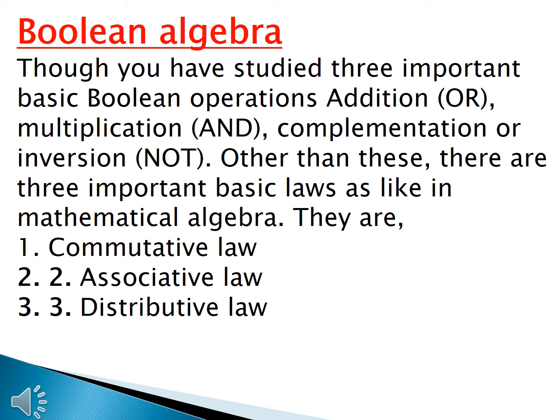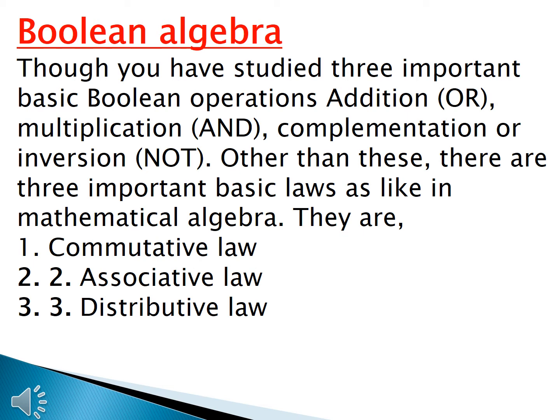We use three symbols: plus, dot, and bar. Three types of logic operations are used: AND, OR, and inverter, meaning NOT. These three types are all used in Boolean algebra.